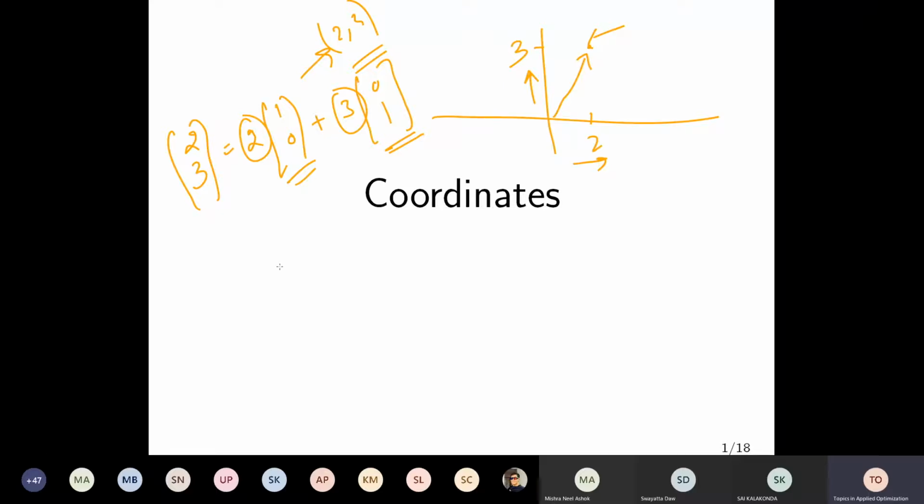Now if I change the basis, the coordinates will change. The concept of coordinate is how far I go in one basis, how far I go in another basis. That length is called the coordinate. If you have not seen this, this is how you should recall it: when someone talks about coordinates, usually they mean coordinates with respect to the canonical basis.